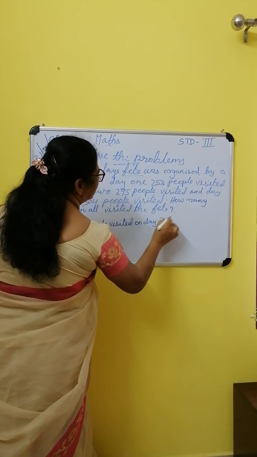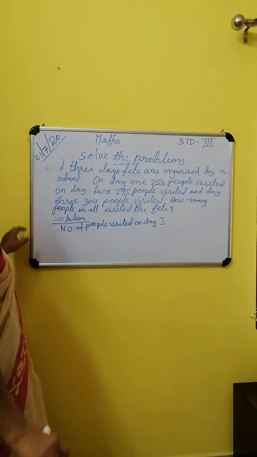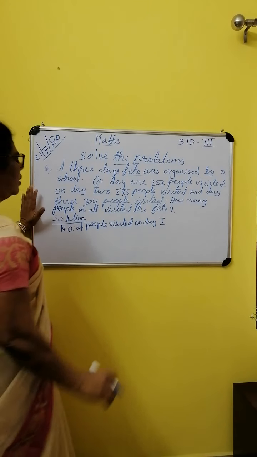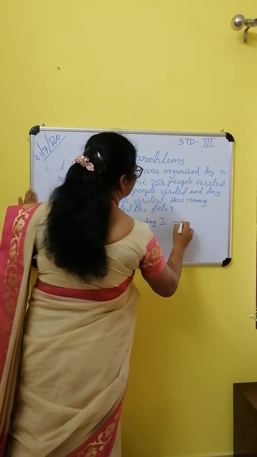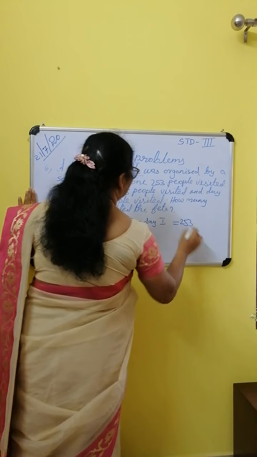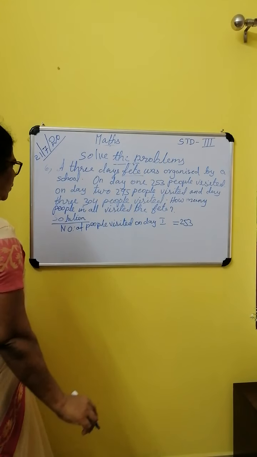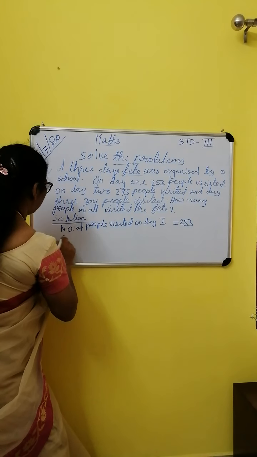Day 1. Number of people visited on day 1. How many people? 253. On day 2, number of people visited on day 2.